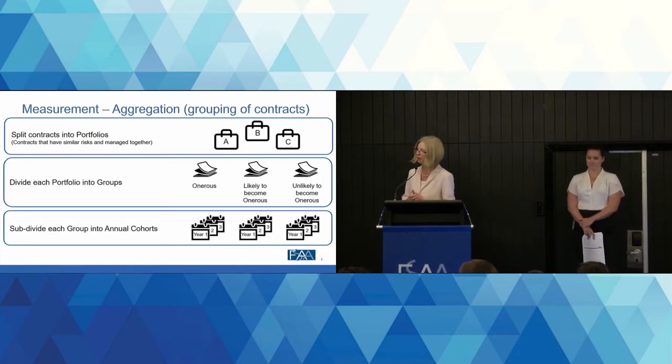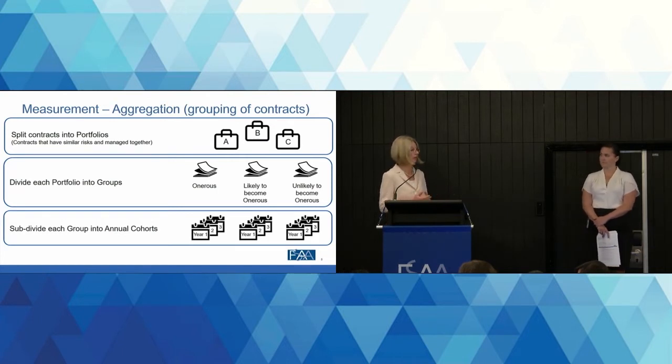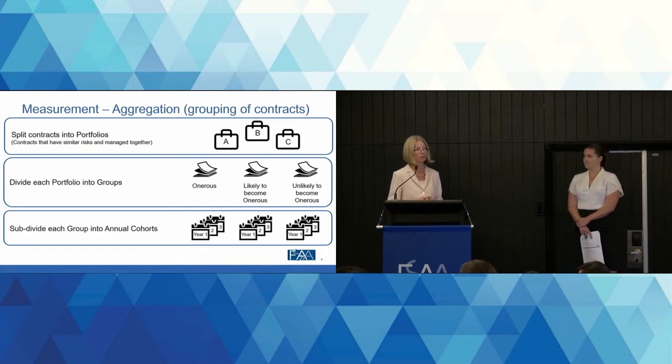So the first step here is you need to assign each of your individual contracts into a portfolio. So what is a portfolio? It's contracts that have similar risks that are managed together. Some of you, I think, might be saying, well, that's pretty similar to what we have now as a definition in IFRS 4, particularly as it applies to the liability adequacy test.